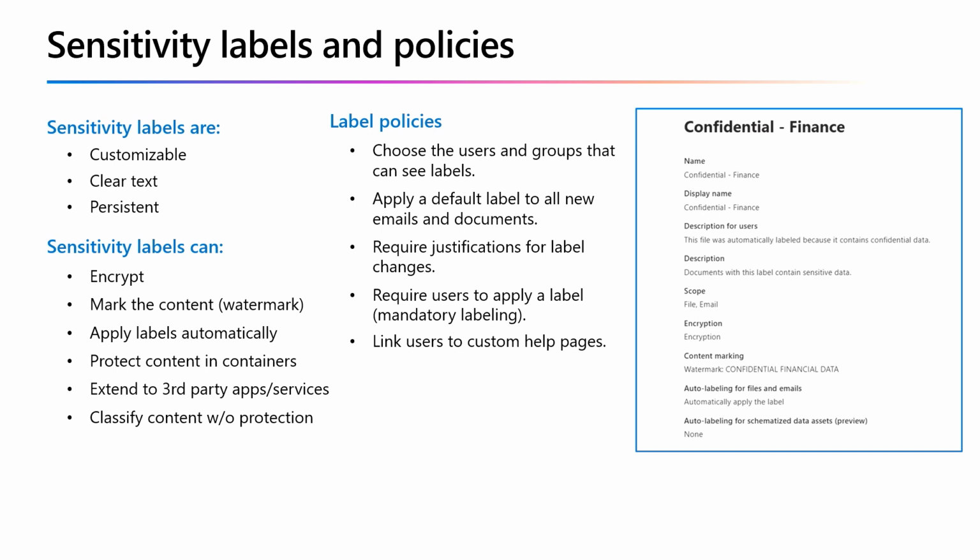And if they wanted to remove that label, you may need a justification to be sent to your admins before the change happens. You can also decide to publish the label to specific users, distribution groups, Microsoft 365 groups in Microsoft Entra ID, and you could do more.